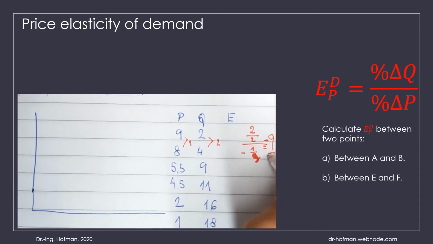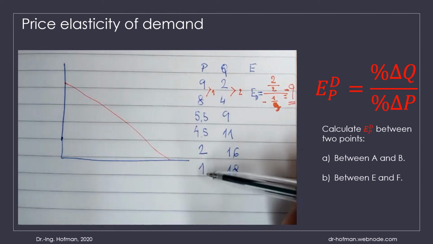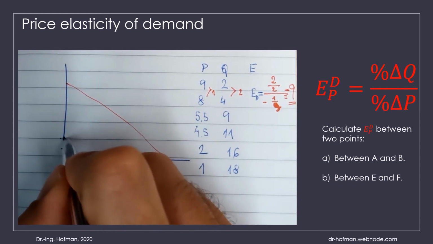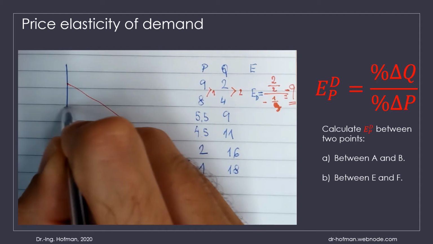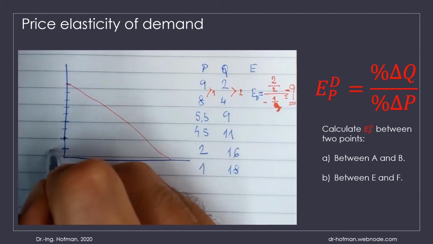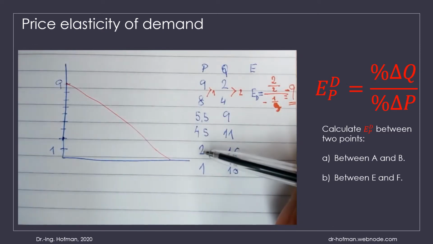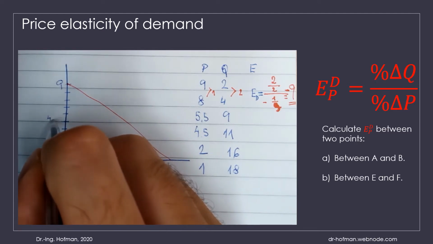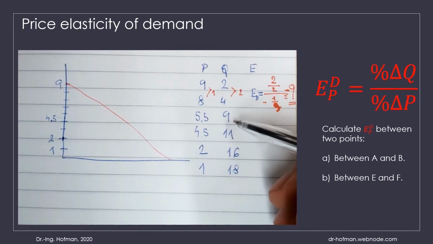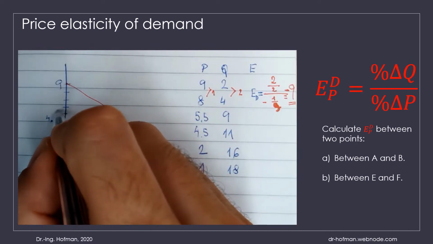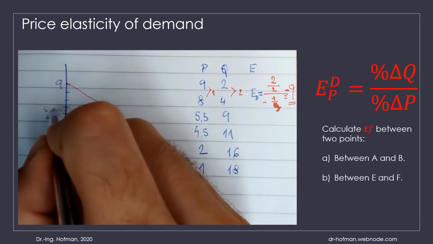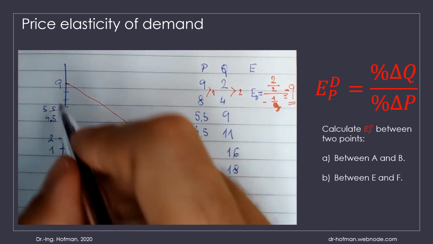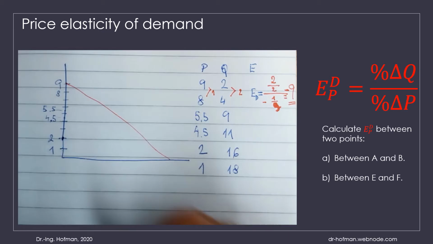Let's look at other points, or starting from other points. So for different prices, from 1 to 9, there are steps 2, 4.5, 5.5, 8 and 9.